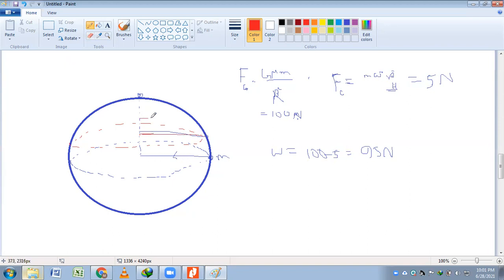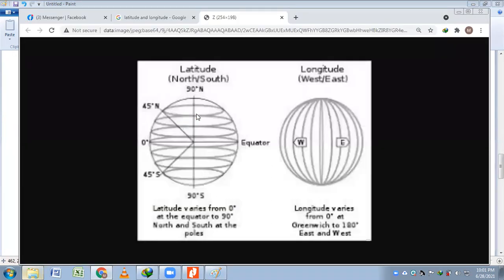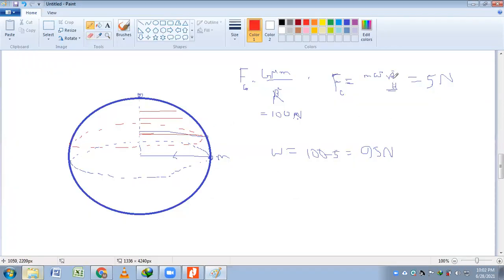So these radii of these circles, which we showed in this example, if over here we draw the circles in all of these positions, these are the circles that we are considering for this equation, because the object is going in horizontal circles. As the Earth is rotating around its axis, try to understand, the object that is placed over here is not going to rotate like this, it's going to rotate like that.